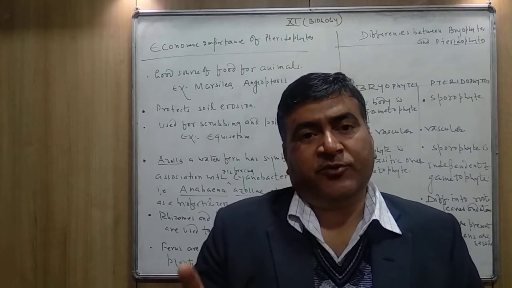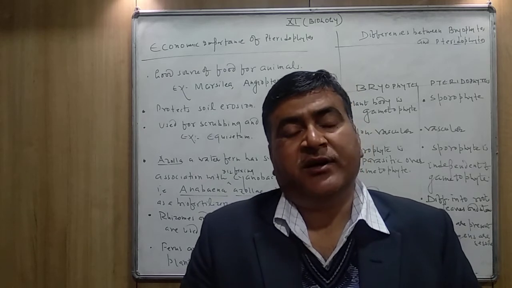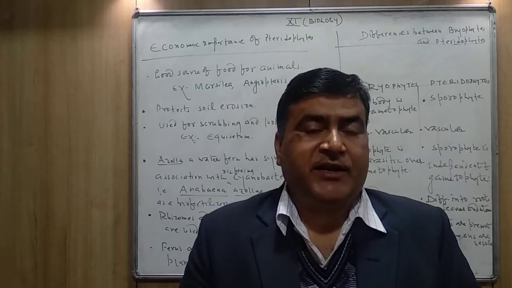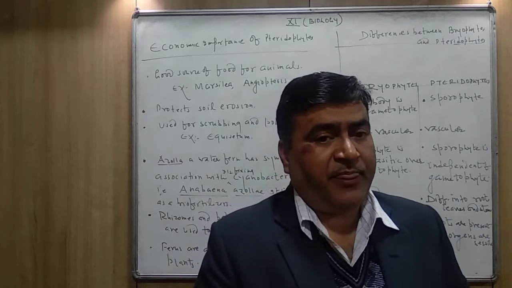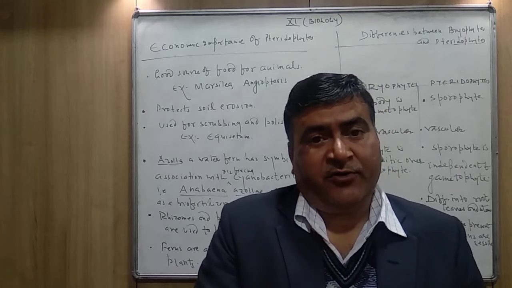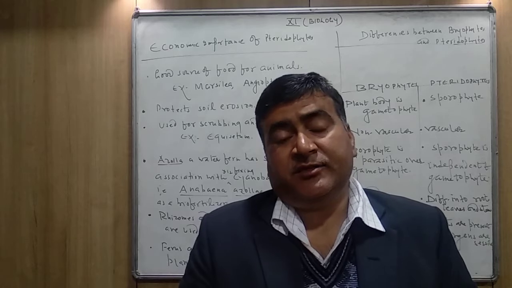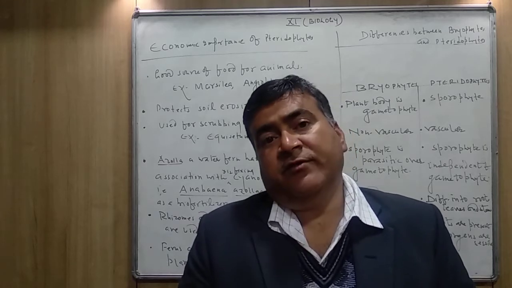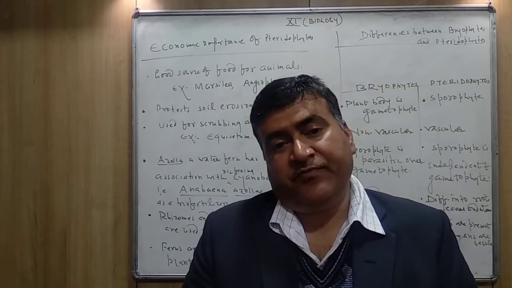This whole sporophytic plant is totally dependent on the main plant body, the gametophyte. So you can say the sporophyte is parasitic over the gametophytic plant. Why have I used the term parasitic? Because the sporophyte takes food materials from the gametophytic plant, the main plant.